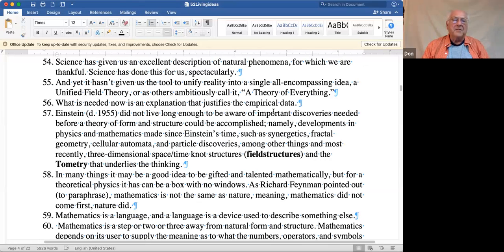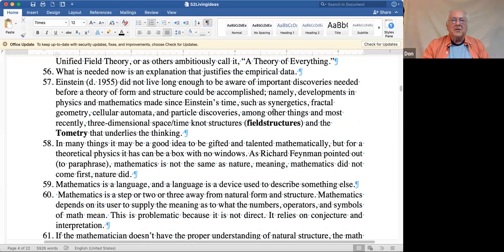Einstein, who died in 1955, did not live long enough to be aware of important discoveries needed before a theory of form and structure could be accomplished, namely developments in physics and mathematics made since Einstein's time, such as synergetics, fractal geometry, cellular automata, and particle discoveries, among other things, and most recently, three-dimensional space-time knot structures, field structures they're called, and Tometry that underlies this thinking.